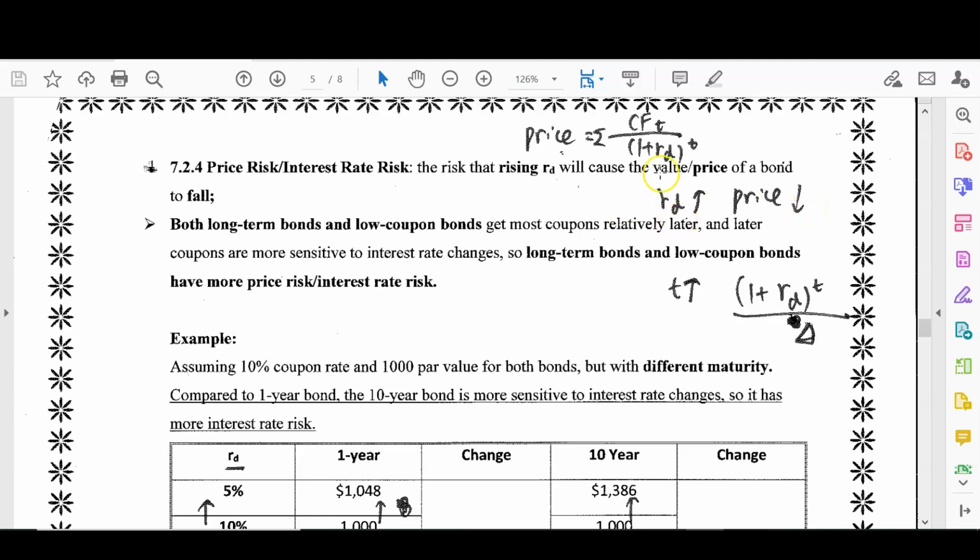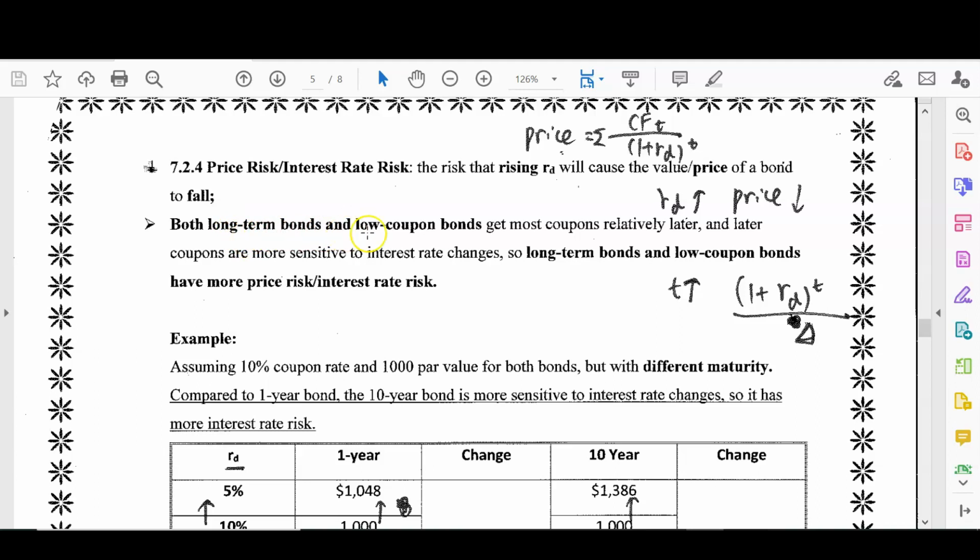If the interest rate decreases, then the bond price increases. So bond price and this cost of debt go in opposite ways. A rising interest rate will cause the bond price to fall. That's the price risk or interest rate risk.